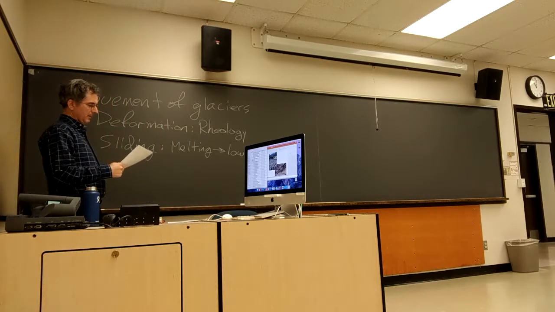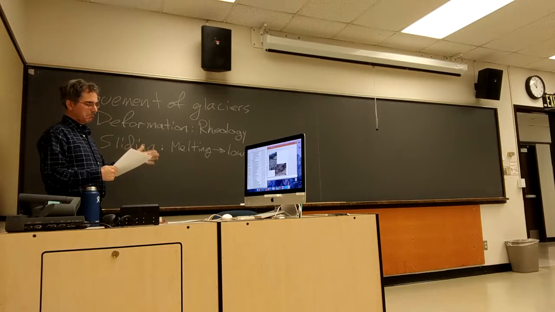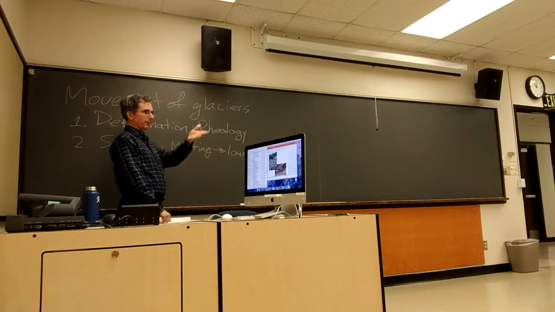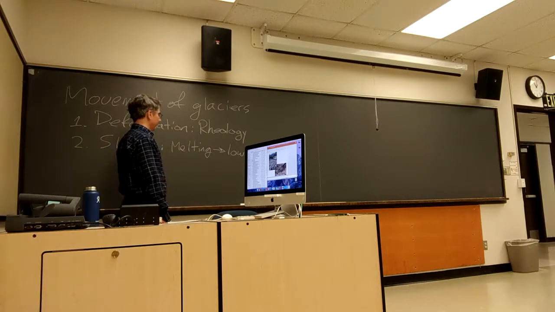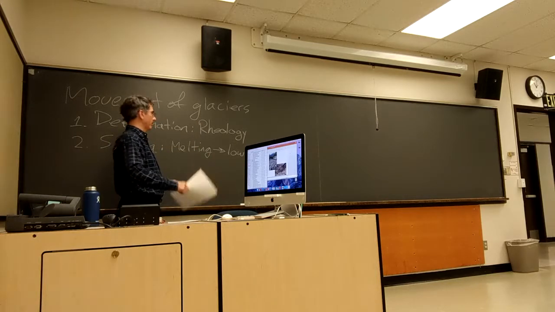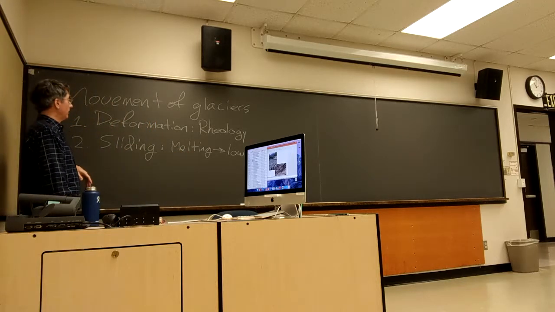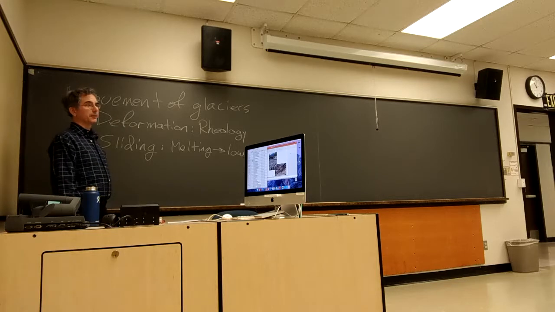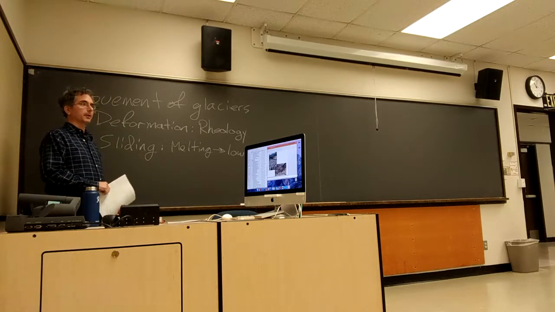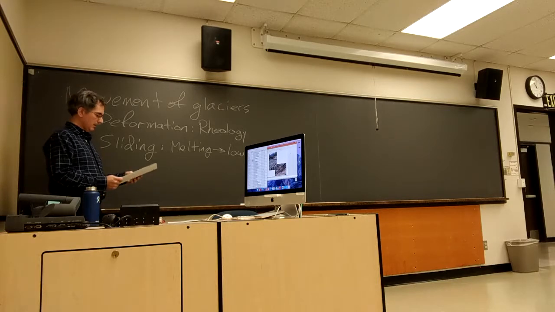So we'll talk about how that works. In terms of what you were just talking about, is there a distinction between temperate and polar glaciers? I don't know, but in order to slide, we need melt, and deformation is assisted by being closer to the pressure melting point as well. Okay.